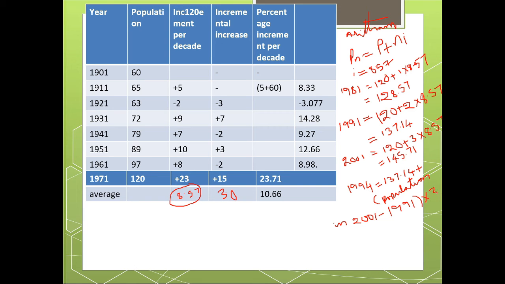So 3 years per decade, how many years? 10 years. Then you will get the population in 1994, that is 139.71.